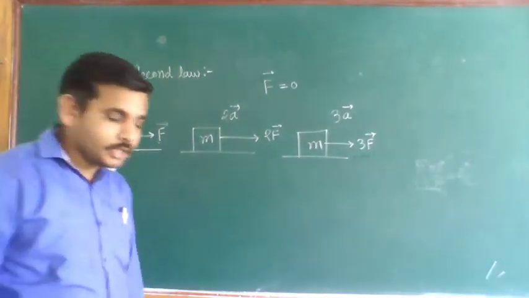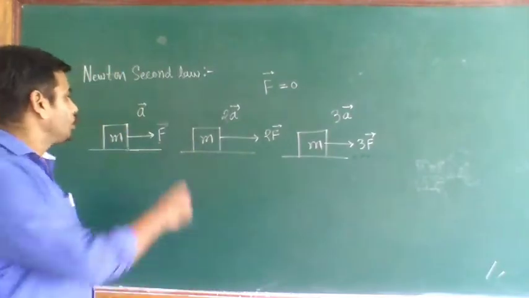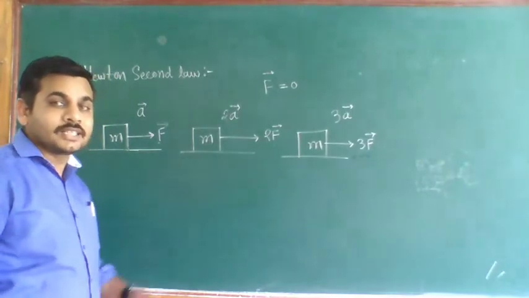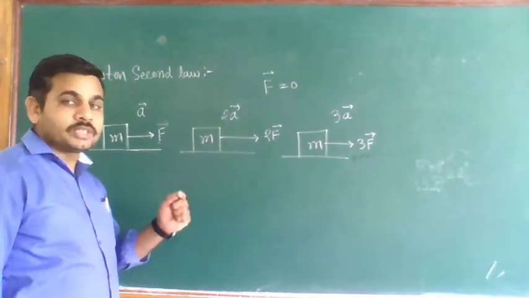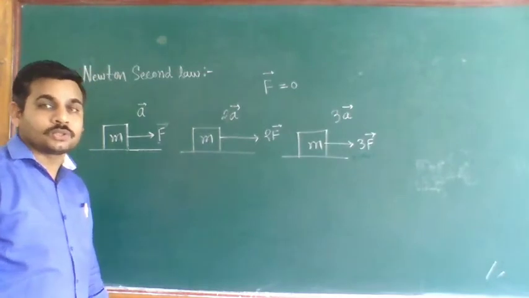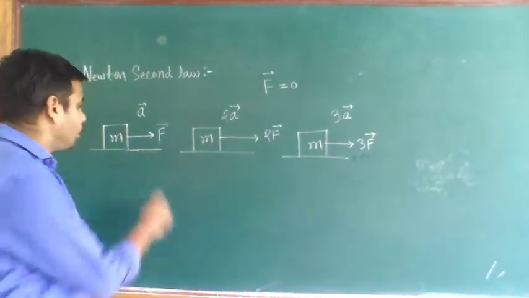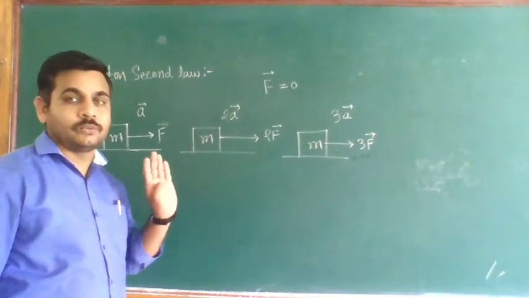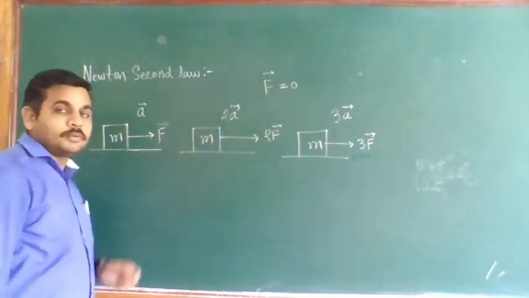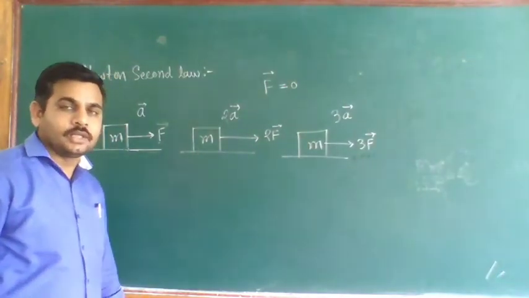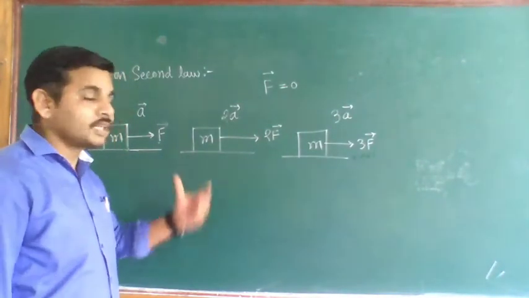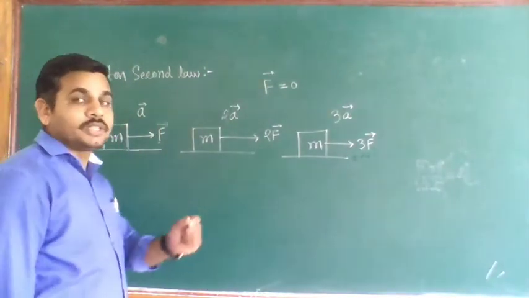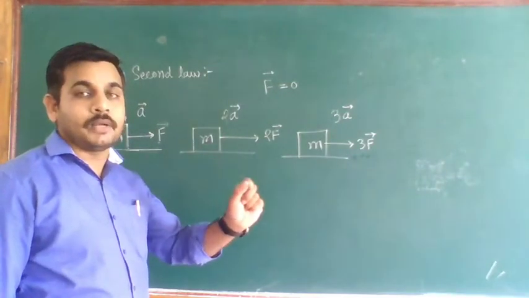The direction of the acceleration is along the direction of the applied force, so the body will move along the applied force. So from this first observation, we concluded that acceleration is directly proportional to the applied force.